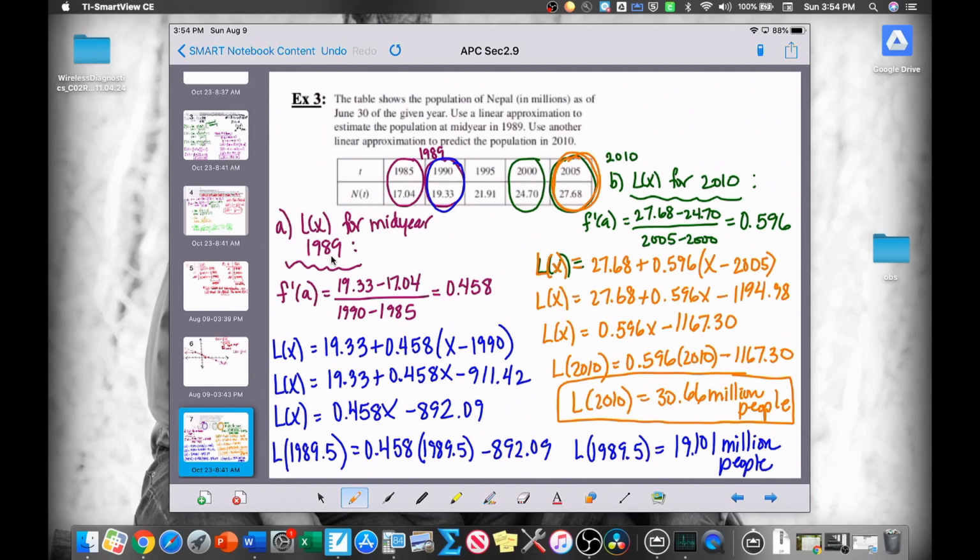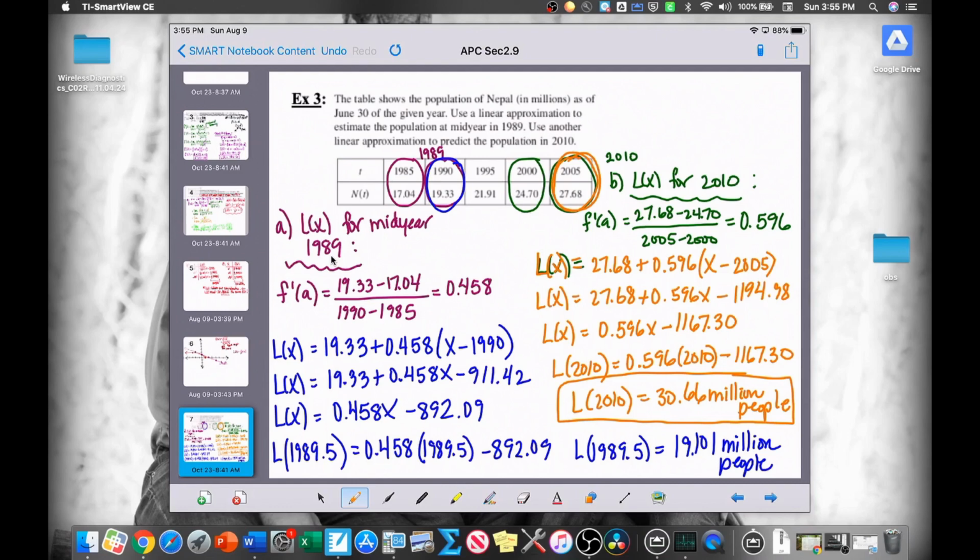And hopefully you understand that part A is a much better approximation than part B, because 1990, that ordered pair, is very close to 1989. So using that as your point for your point slope form makes good sense and gives us a value that we can feel is pretty confidently a correct value for our linear approximation for mid-year 1989.